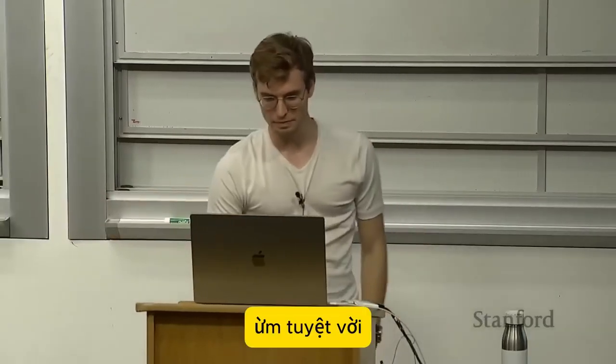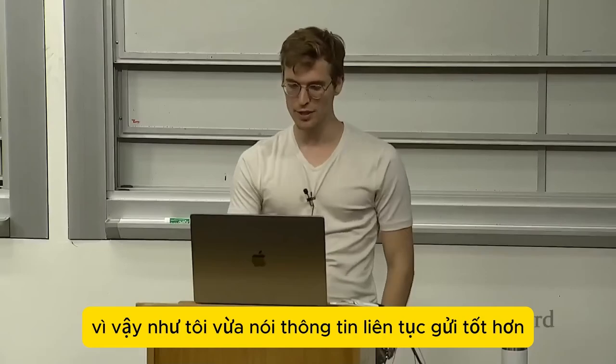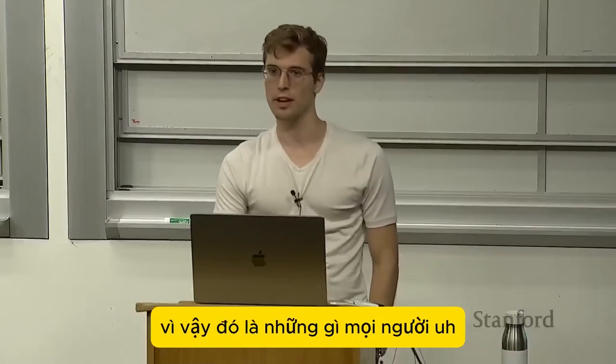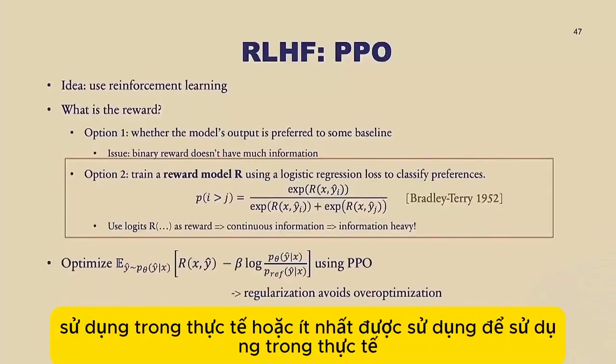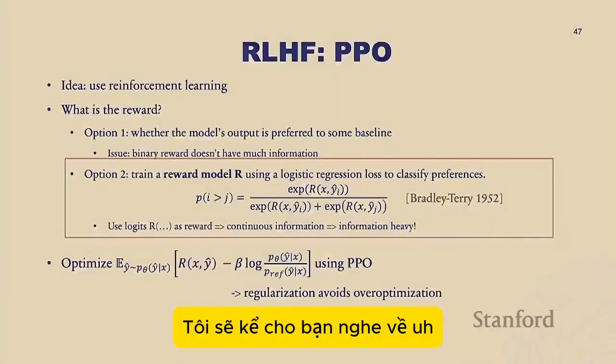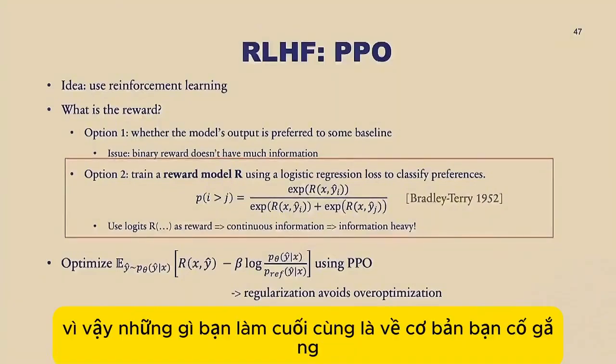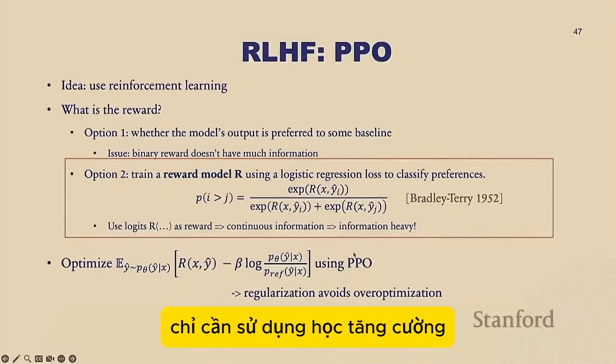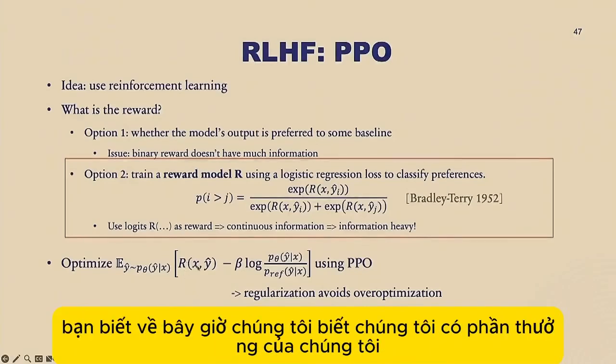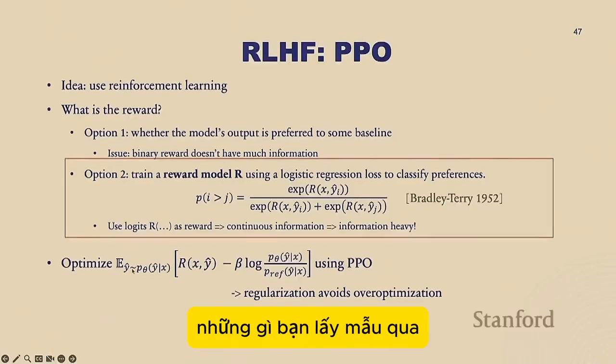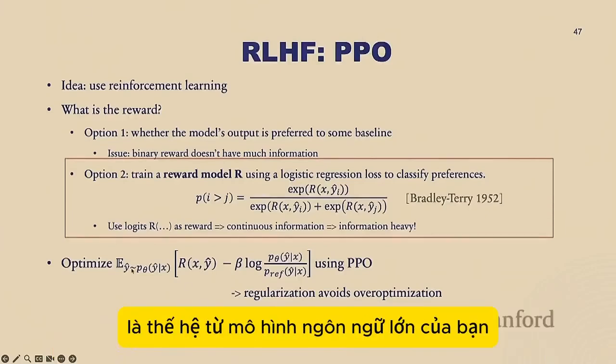Great. So as I just said, continuous information is better. That's what people use in practice, or at least used to use in practice. I'll tell you about the other algorithm later. So what you do at the end is that you basically just use reinforcement learning that you know about. Now we know we have our reward. What you sample through is the generation from your large language model.